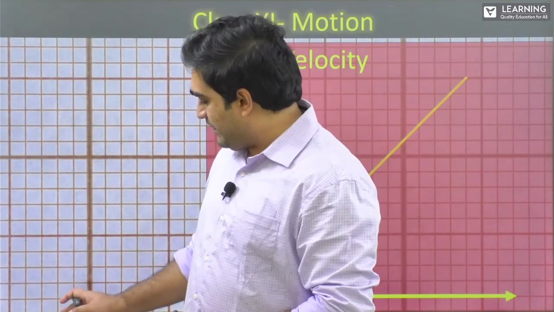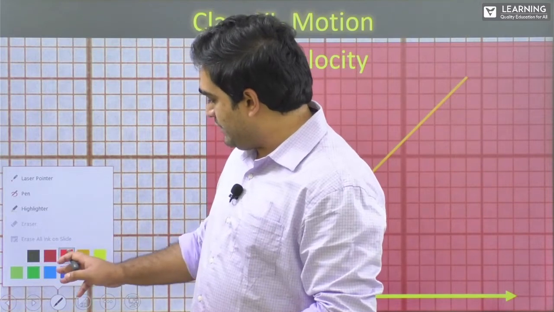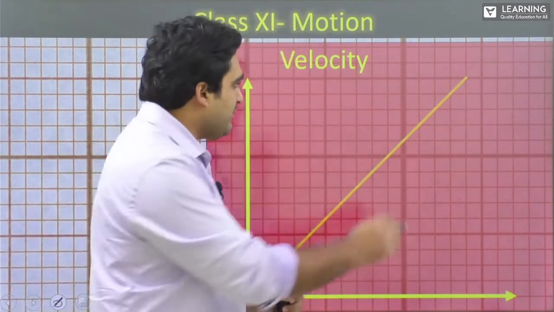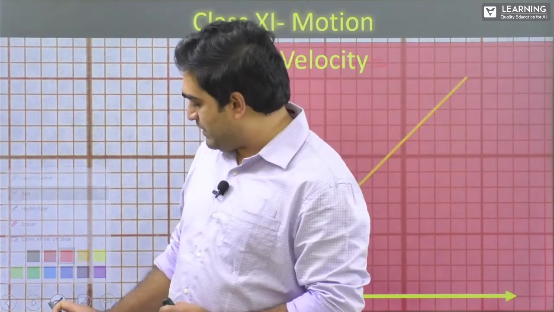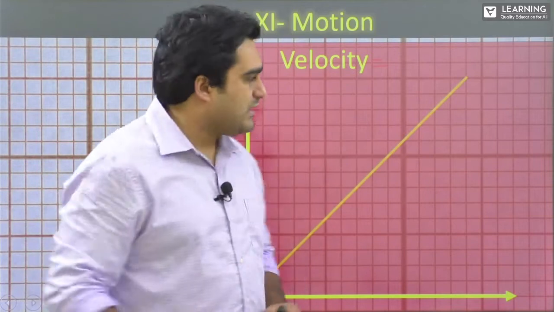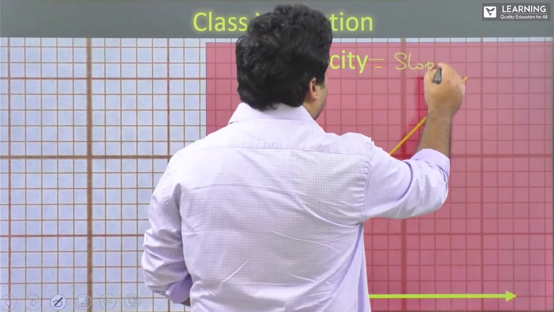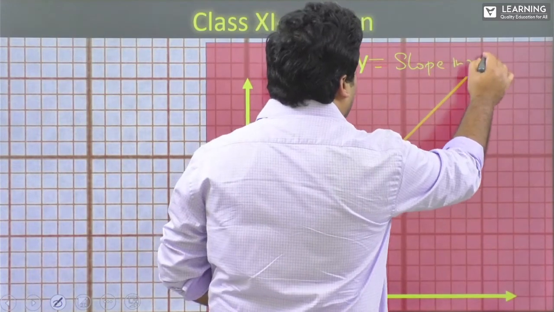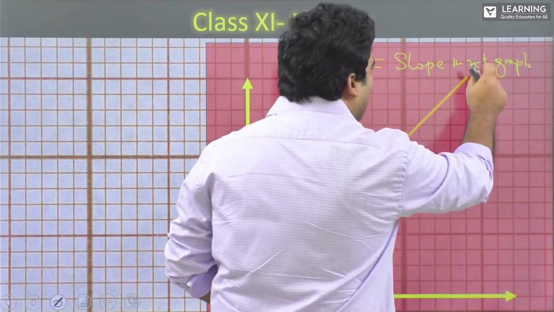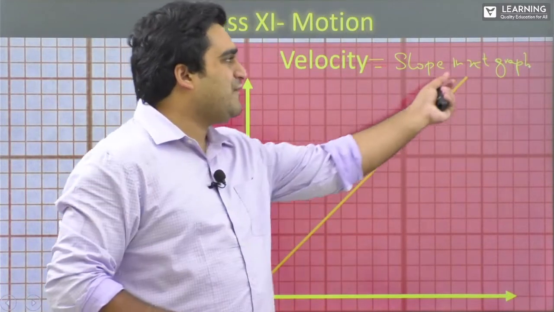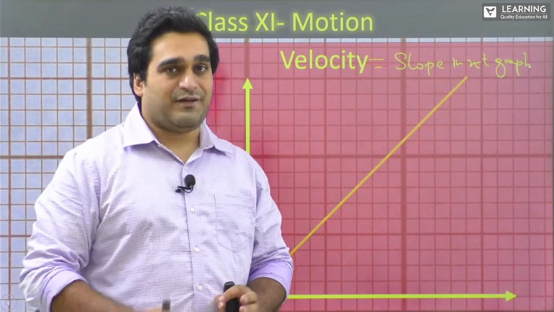So let me write that there: identifying velocity is finding the slope in an x-t graph.